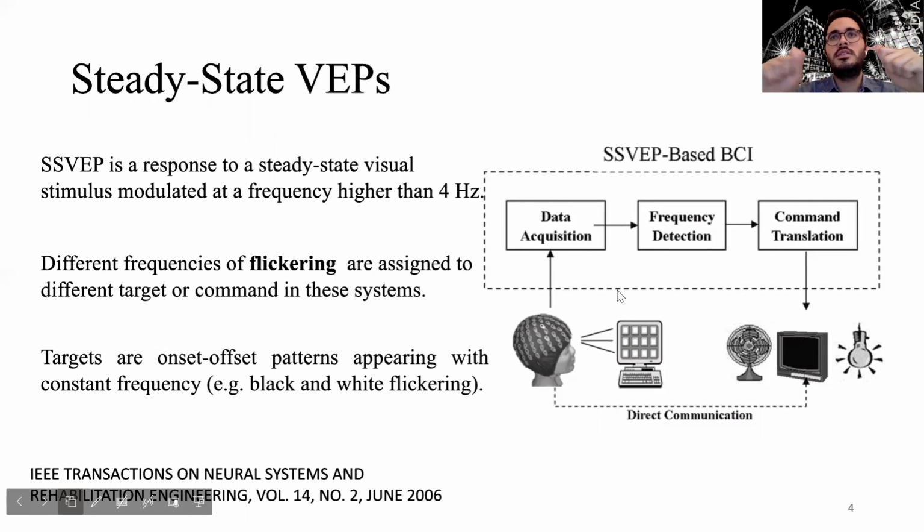Targets are onset-offset patterns appearing with constant frequency. Black and white flickering is one example of these paradigms. SSVEP response is characterized by an increase in amplitude at the stimulus frequency, resulting in significant fundamental and second harmonics at the occipital region.